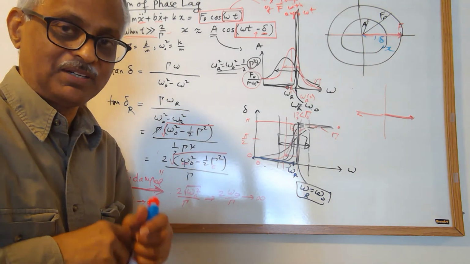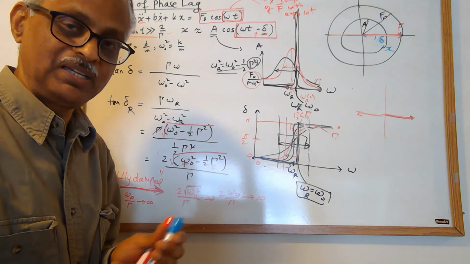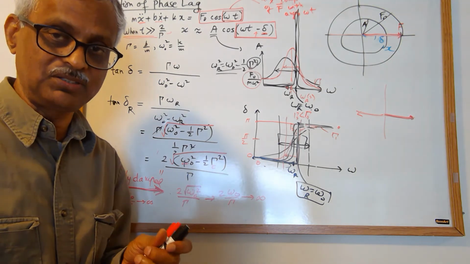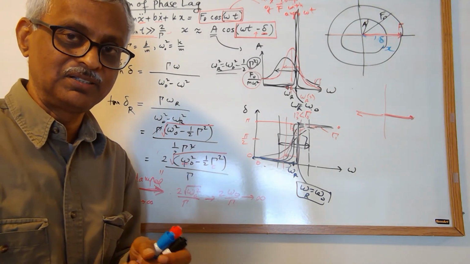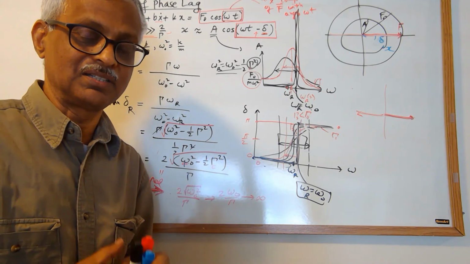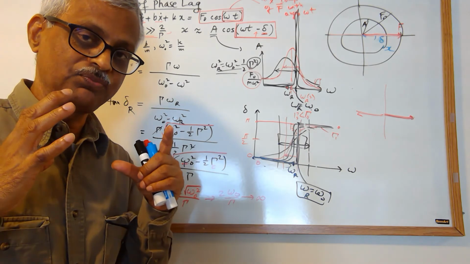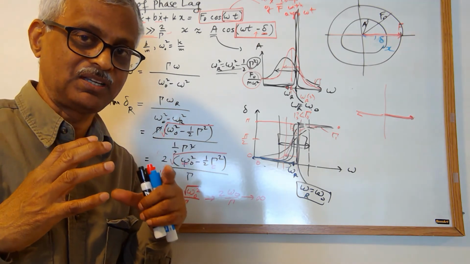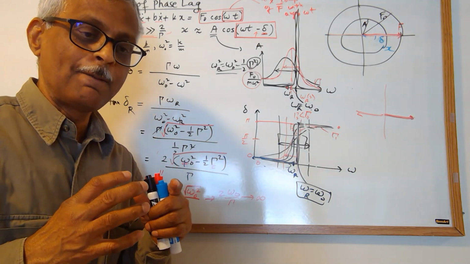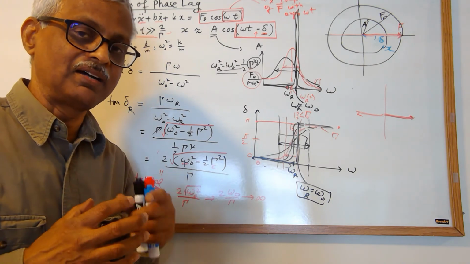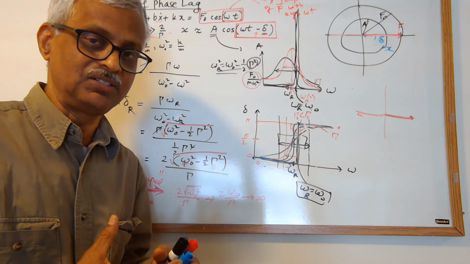So I'm going to stop here, and we're going to talk about some other kinds of resonances later. In particular, I want to discuss the resonance of power. When the driving force is putting energy in, we want to study the rate at which the energy goes in.